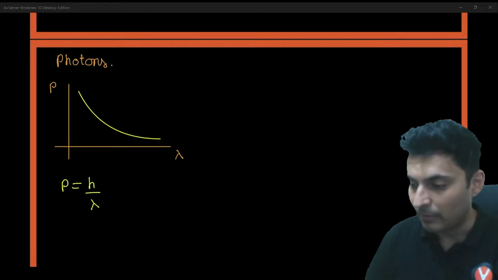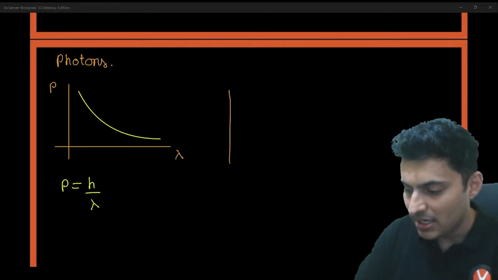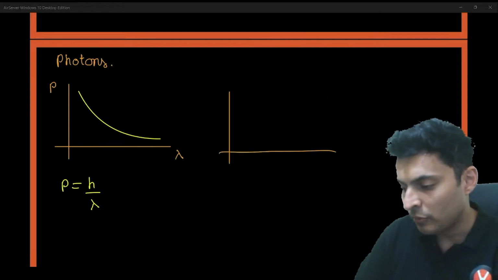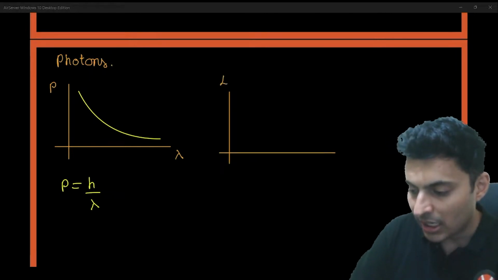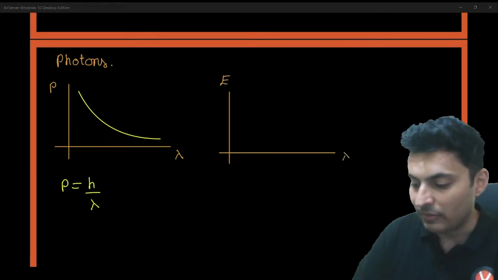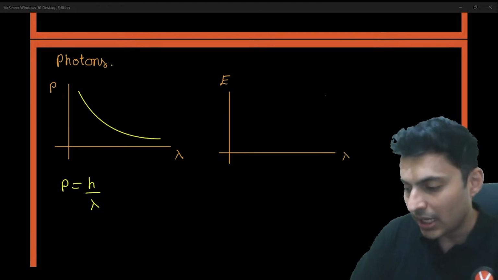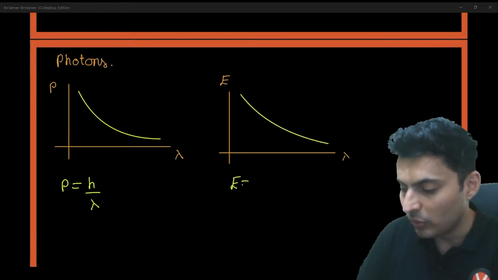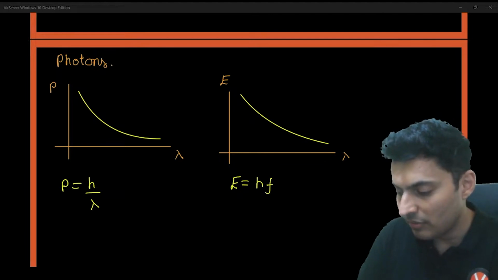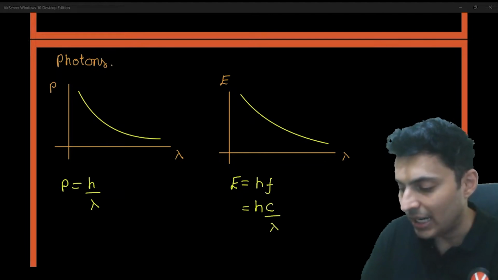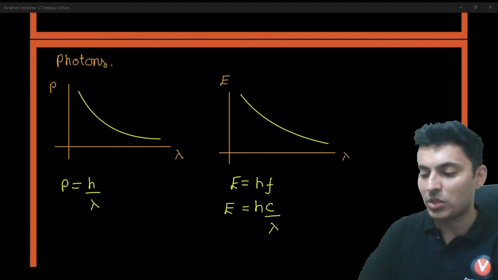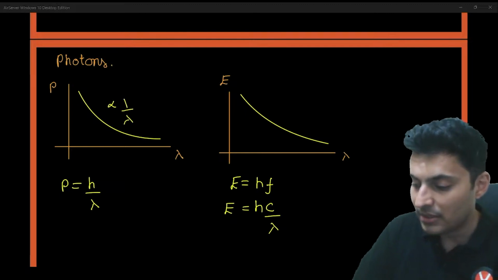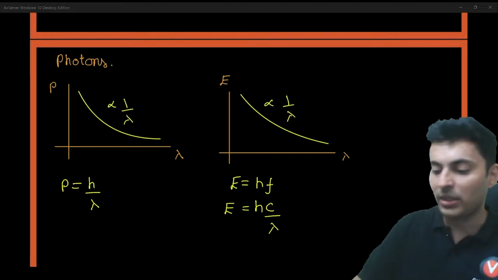In fact, we also have an energy versus wavelength graph for photons. The graph is again like this, because the energy of a photon is hf, which is hc by lambda. So it is inversely proportional to the wavelength.